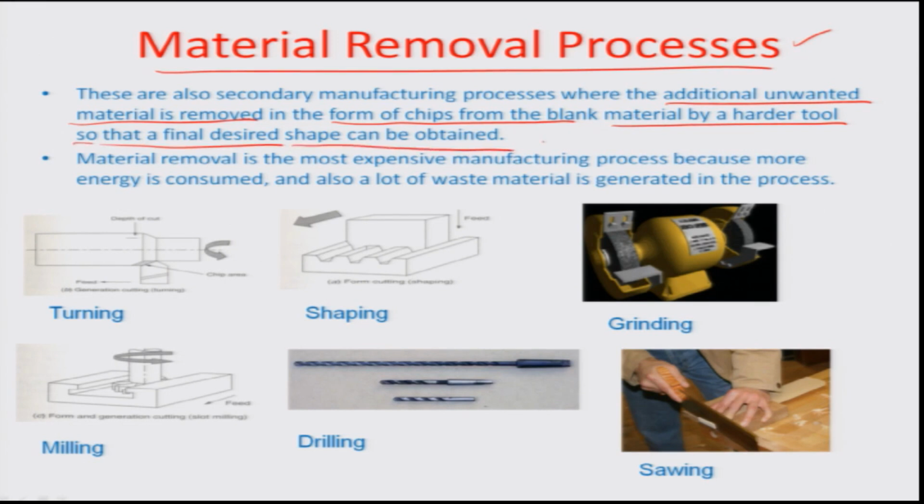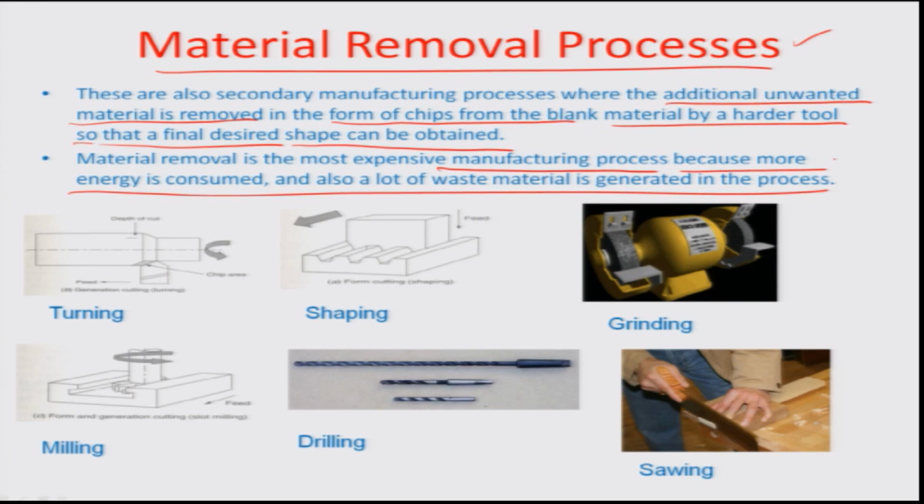So, material removal is the most expensive manufacturing process because more energy is consumed and a lot of waste material is generated in the process of manufacturing using this secondary process.